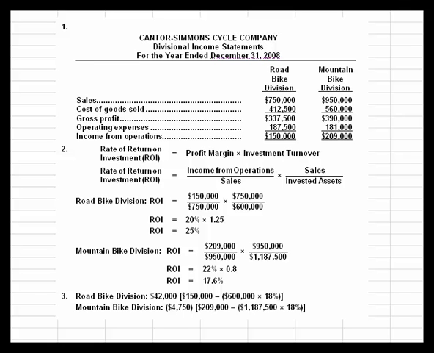And so what that means is the road bike division has a higher return on investment than the mountain bike division, right? 25 versus 17.6. And then when we look at residual income, we see that residual income really is sort of the result of both 1 and 2 above. And we see that the road bike division is clearly more profitable based on residual income. And that's this problem, everyone. Thank you.